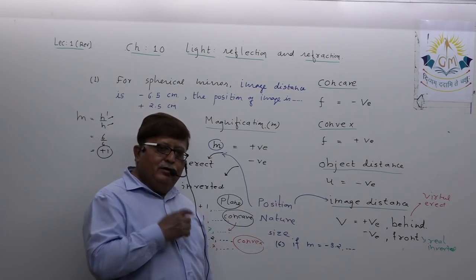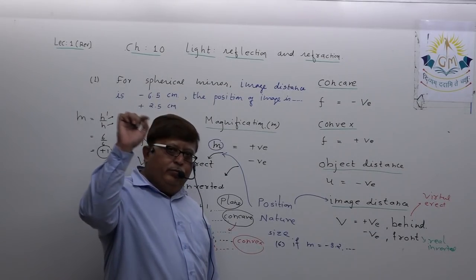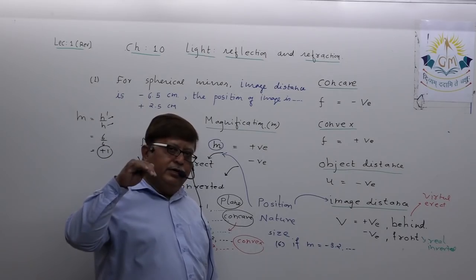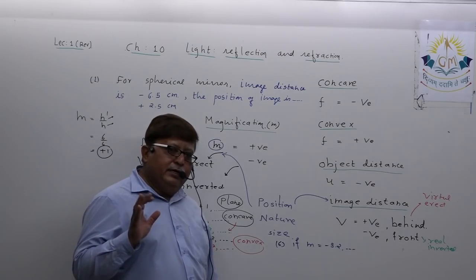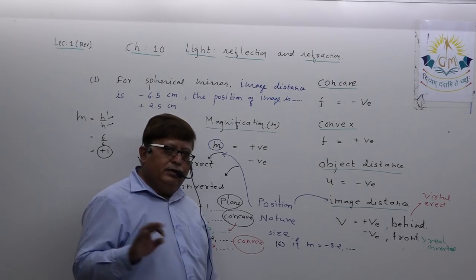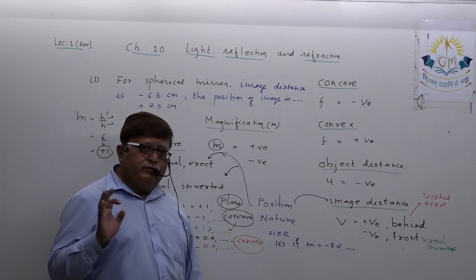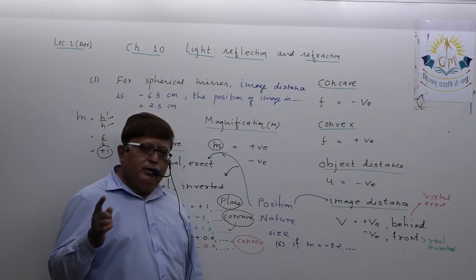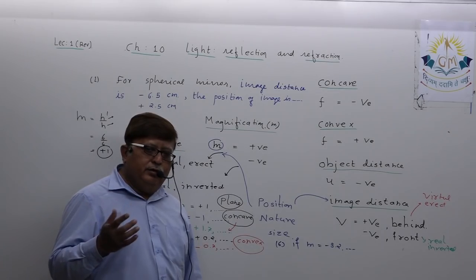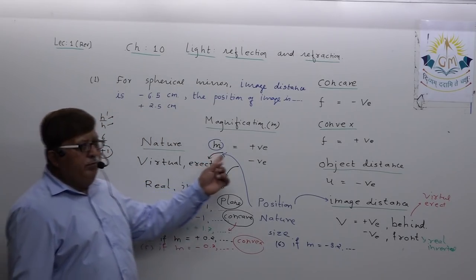These are some of the points, dear student. Before the next session where we solve some numericals, you need to note these points down, either in your book or in any margin area. Concave mirror, focal length negative. Convex mirror, focal length positive. Object distance always negative. V positive, behind the mirror, virtual erect. V negative, in front of the mirror, real and inverted.